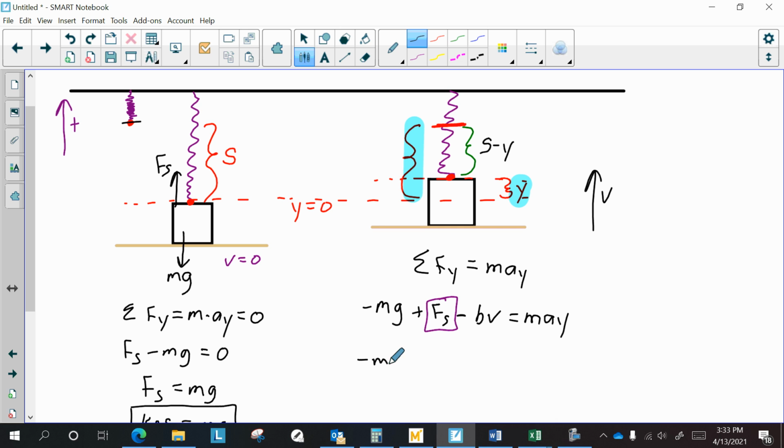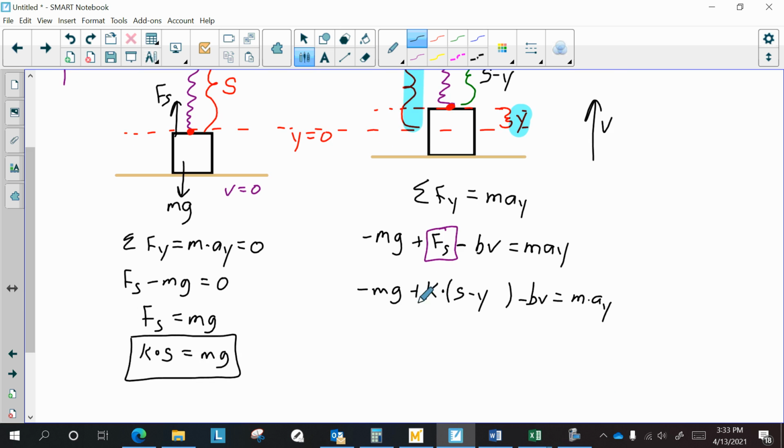So we have minus mg plus, the force of the spring is k times the stretch, and we just said that the stretch is s minus y, then minus bv equals mass times acceleration in the y. So if we distribute to get rid of that parenthesis, we have minus mg plus k times s minus k times y minus bv equals mass times acceleration in the y direction.